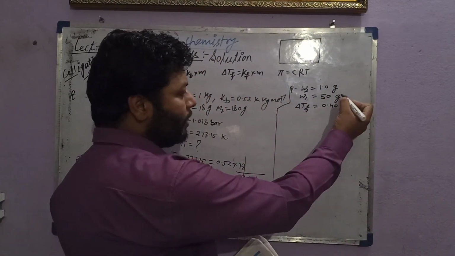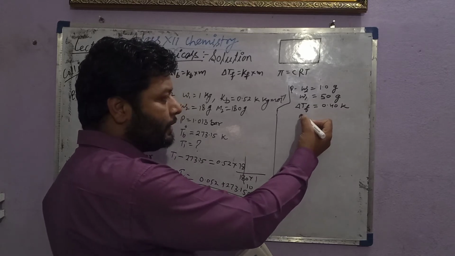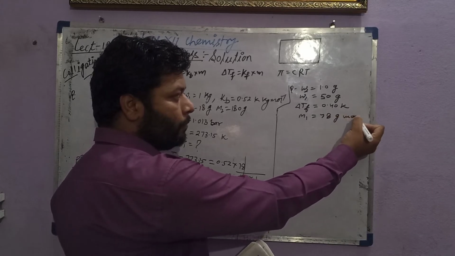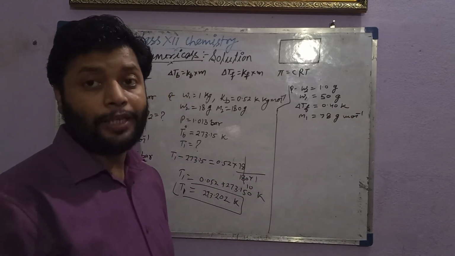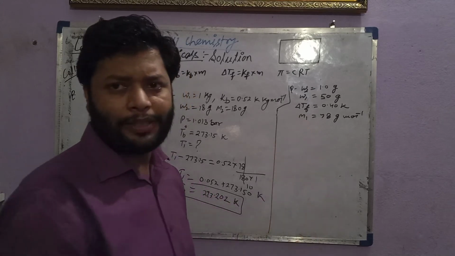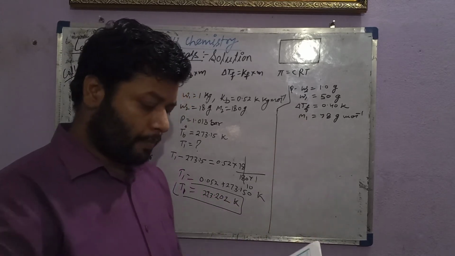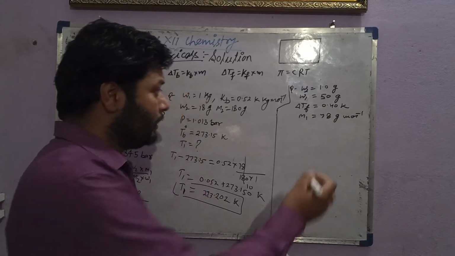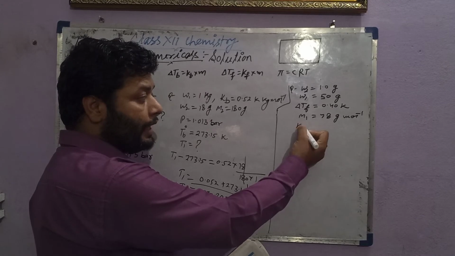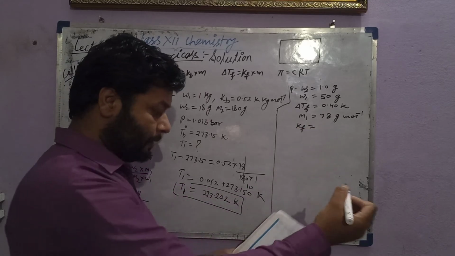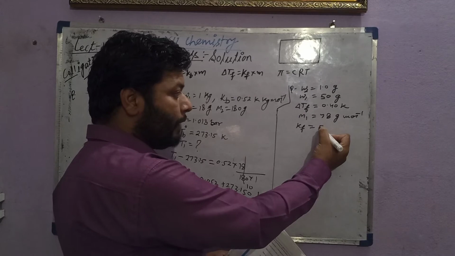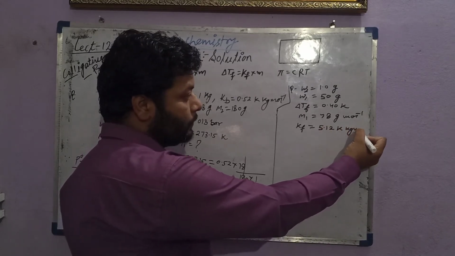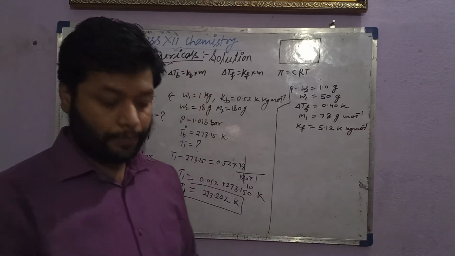So you can write that molar mass of benzene is 78 gram per mole. The freezing point depression constant of benzene, Kf, is 5.12 Kelvin kilogram per mole.